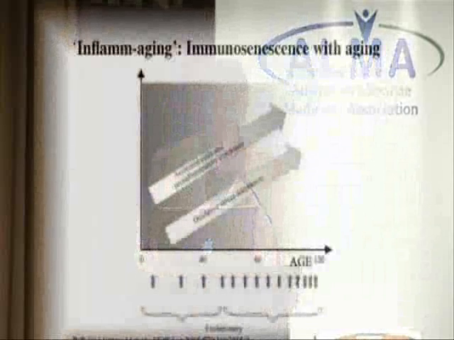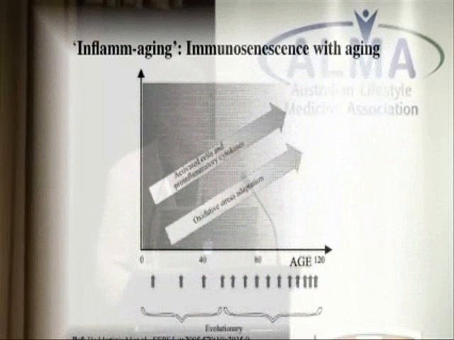But living older, we have this greater tendency to develop inflammation right throughout the system. Those people who live a healthy life early in their life tend to have less inflamm-aging later in life, and vice versa. Those who don't live a good, healthy life tend to have more inflammation later in life. So inflamm-aging is another component of this, which is going to become very popular in the near future. And we know that this can be reversed as well by lifestyle changes.